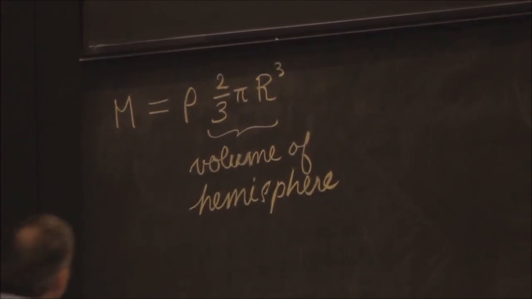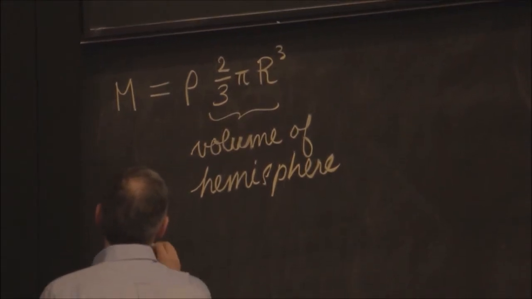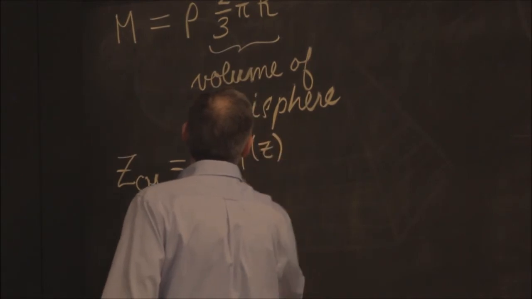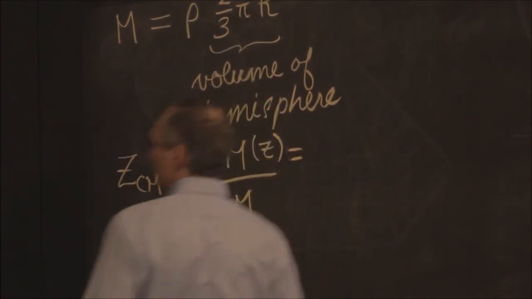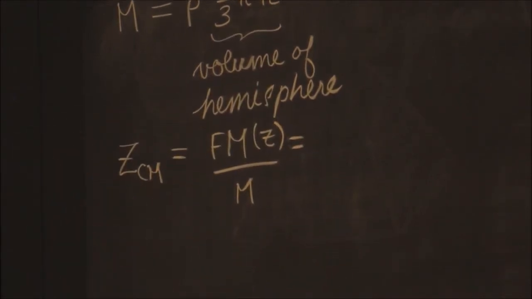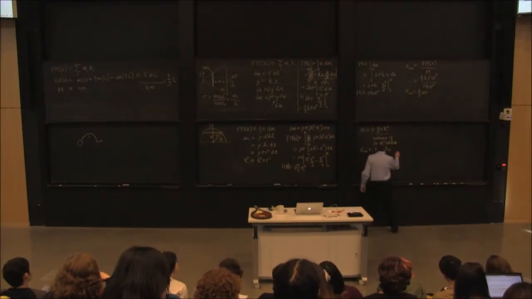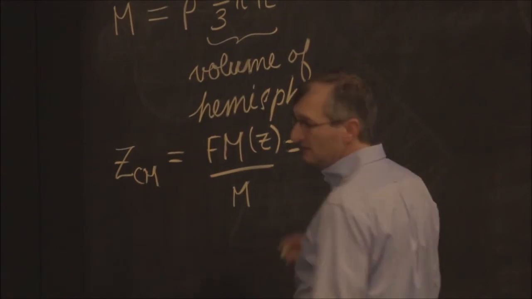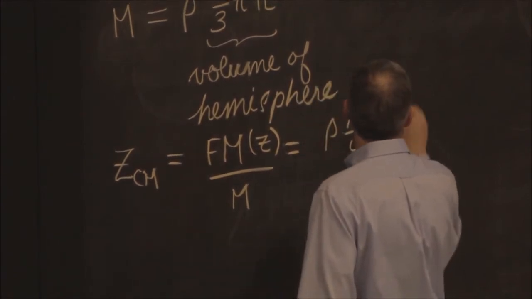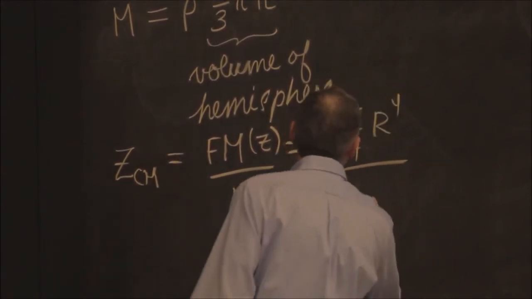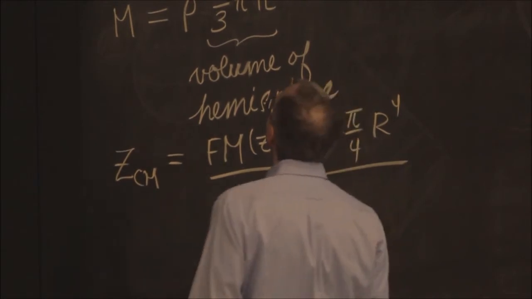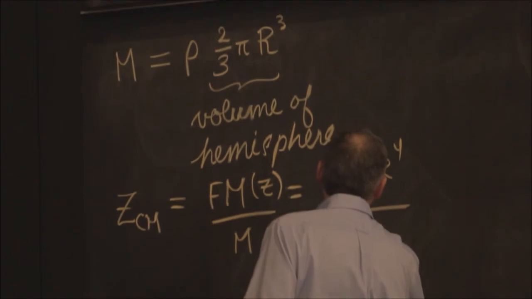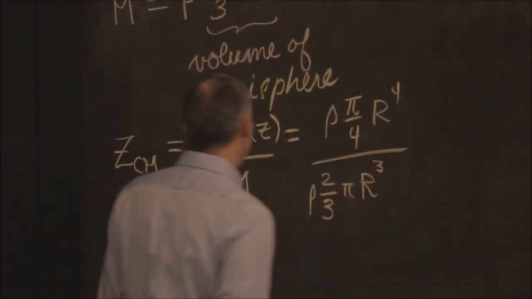So the position of the center of mass, which is the first moment divided by all the mass, must be rho pi over 4 R to the 4th over rho times 2/3 pi R cubed.